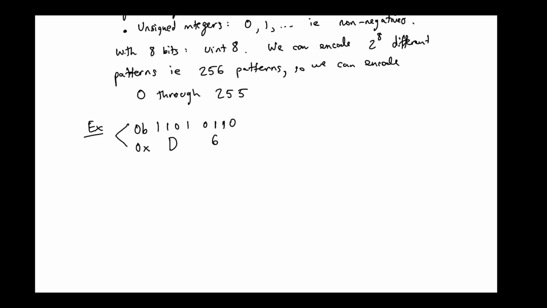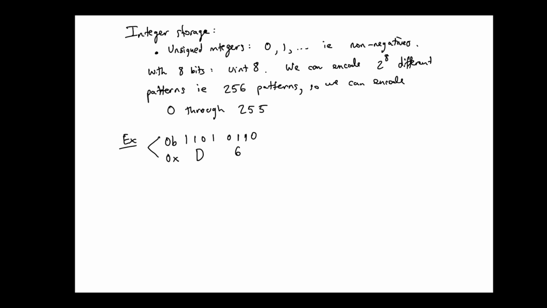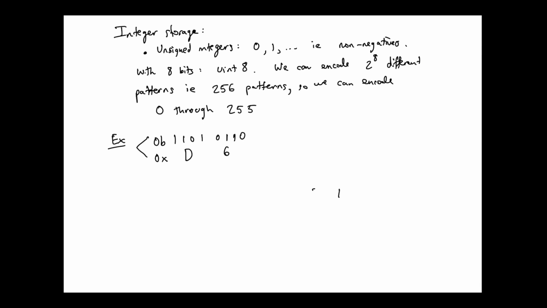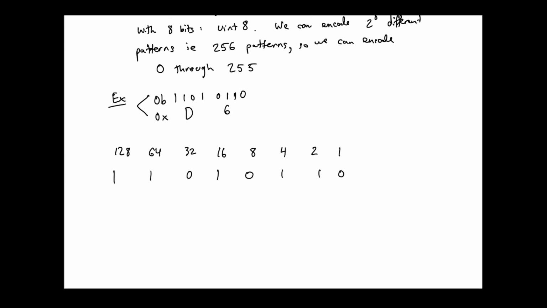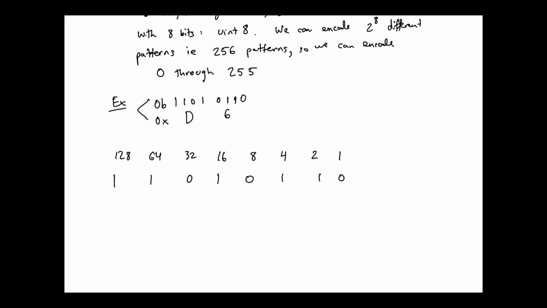What is this as an unsigned integer? There's a couple ways I can do this computation. The first would be to start writing my different place values. If I've got 8 positions, then I don't need to go any further than this one. Then just write your bits down below it, whatever Ethan gave me, and then just add it up.